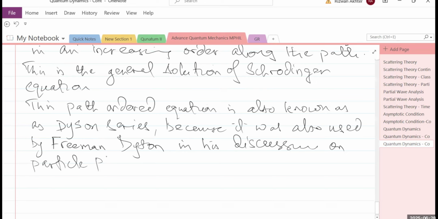Or why it is useful in particle physics?